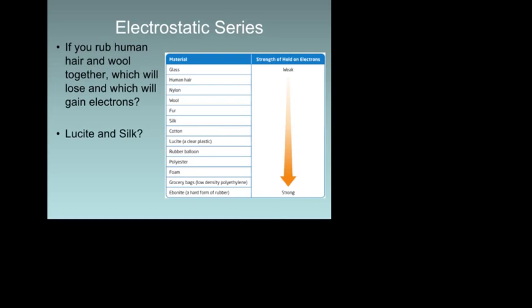And what about if we were to rub lucite and silk together? Which one of these would lose electrons? Which one would gain electrons? Just write your answer in your notes.